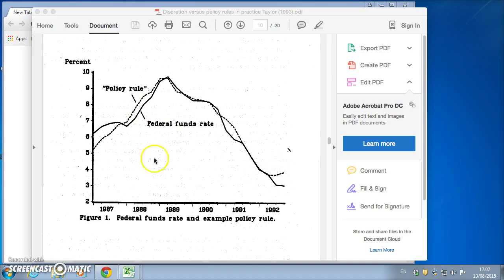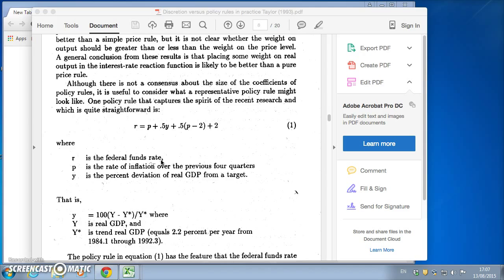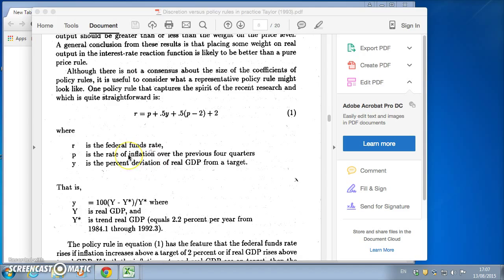Okay, so the question then arises, how do we implement empirically a Taylor rule, and also how do we estimate the Taylor rule? Obviously of importance here is the output gap.